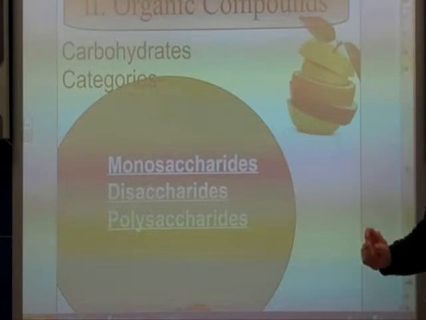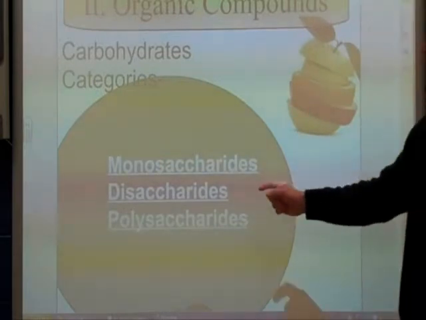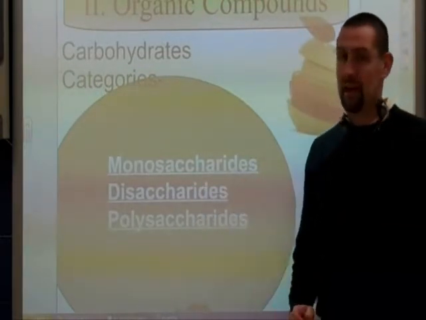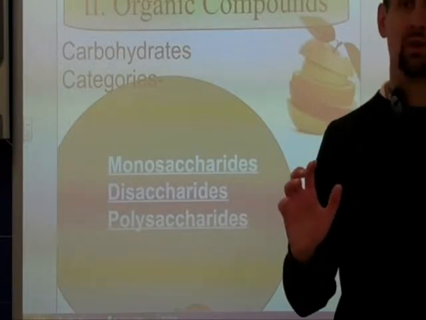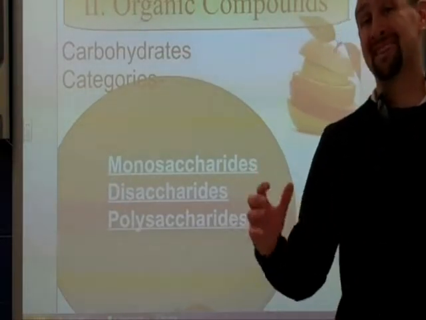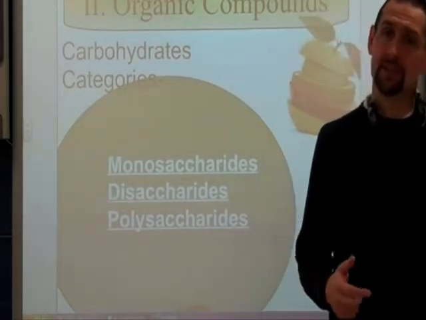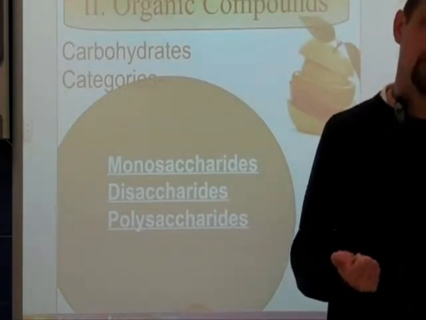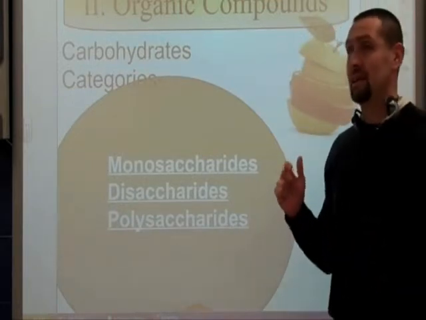Monosaccharides are simple sugars, like glucose, fructose, galactose. Disaccharides are double sugars. So if 2 glucose molecules are together, that makes up a disaccharide, or double sugar. These would be things like sucrose and maltose and lactose.